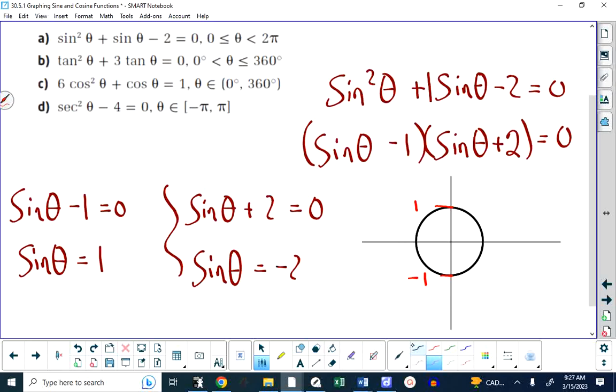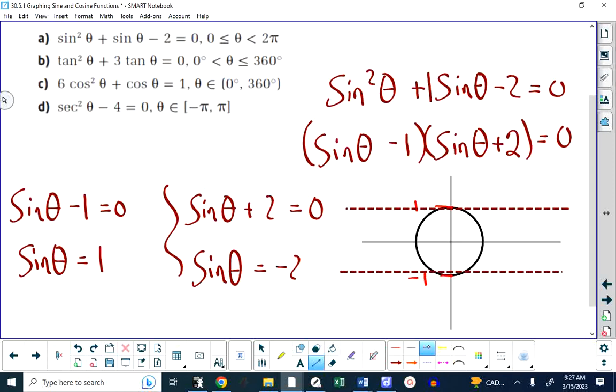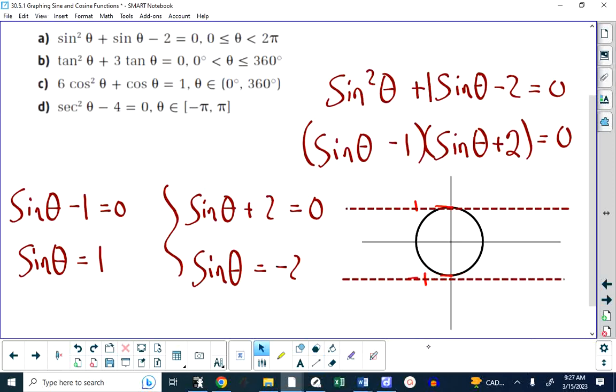So the biggest y-coordinate you could conceivably get would be 1, and the smallest y-coordinate would be negative 1.